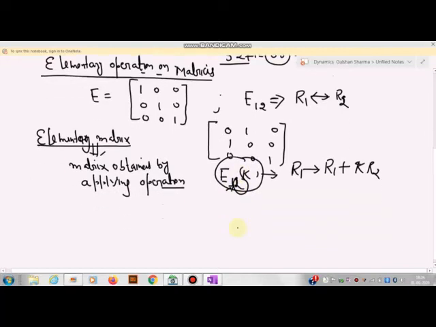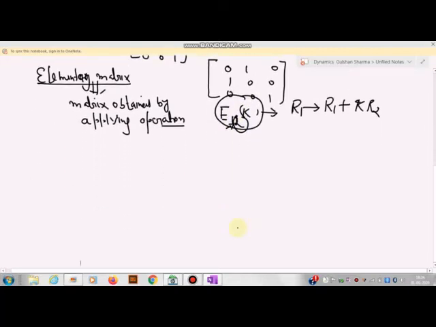How to apply this? Let us see. This is the elementary matrix, 1 0 0, 0 1 0 and 0 0 1. I am applying the operation E12 of k.